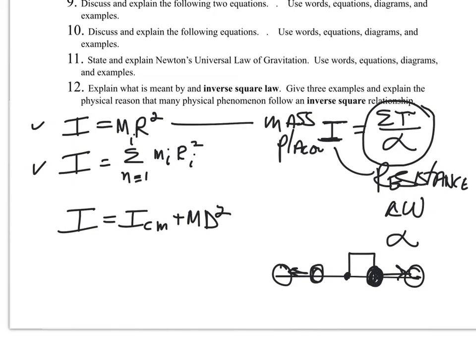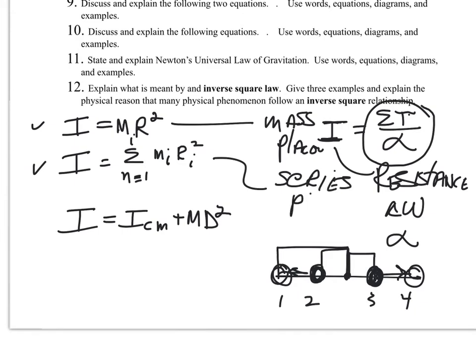So if we had this situation where there were four masses, 1, 2, 3, 4, we would calculate the mass of mass 1 times the distance from the axis to mass 1 squared, and the same with 2, 3 and 4, and we would add them all together. So this is the equation for a series of point masses.